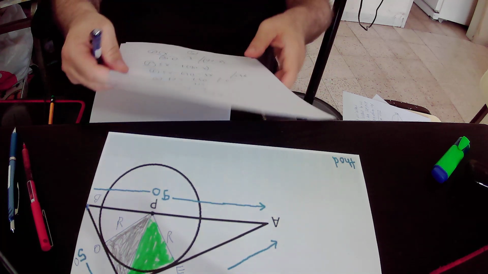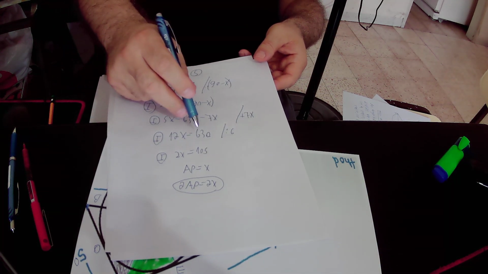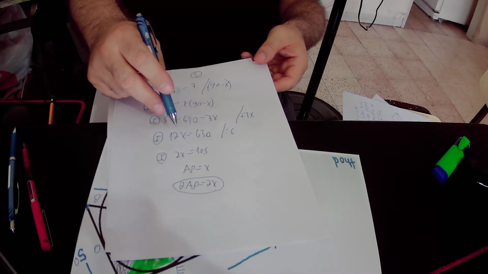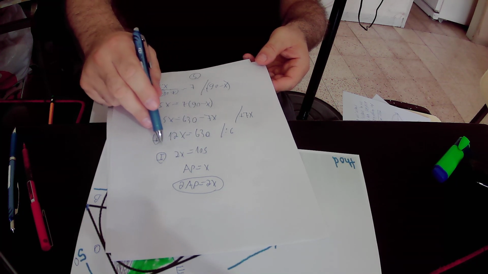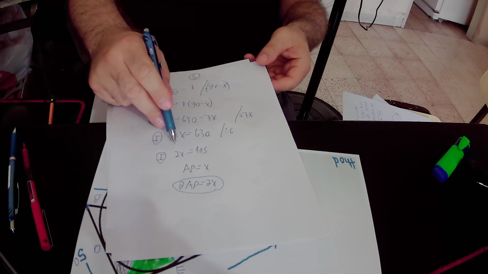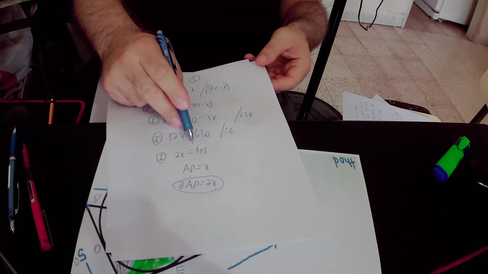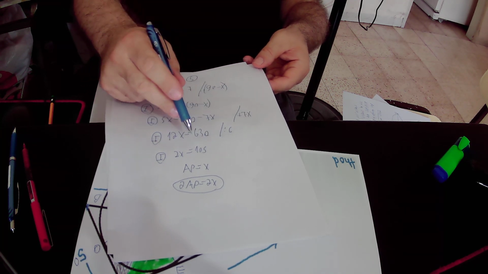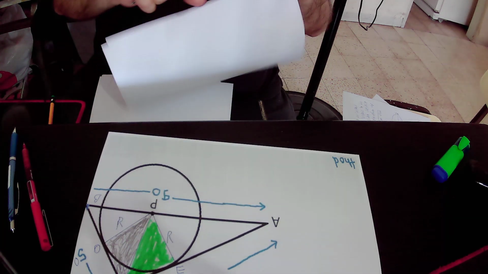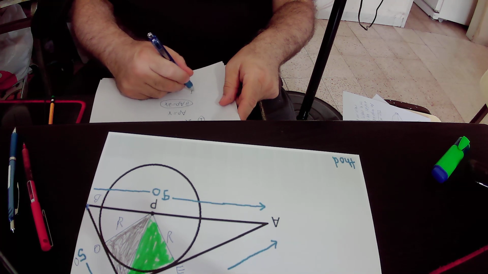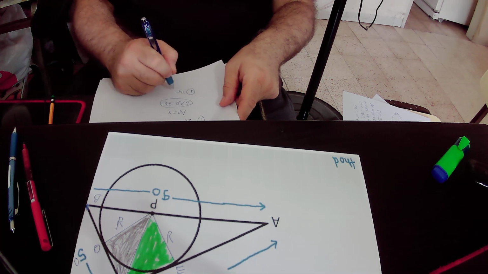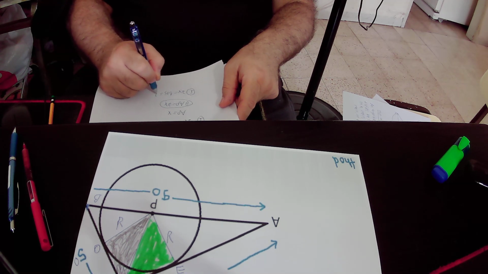So here we have 2x equals 105 and 2x equals 2AP, so we can write in the first equation that 2x equals 105 also equals 2AP. We write it together in the first equation: 2x equals 105 equals 2 times AP.